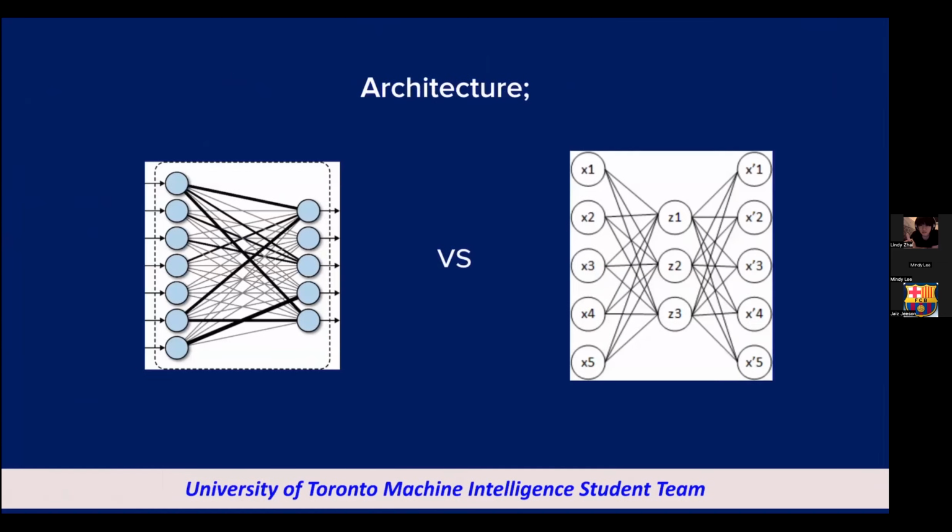Next page. So first we'll talk about the architecture of autoencoder. On the left side here, this is a fully connected neural network layer, and the left side is the input and the right side is the output. Usually, we use this fully connected layer to reduce the dimension of our data.